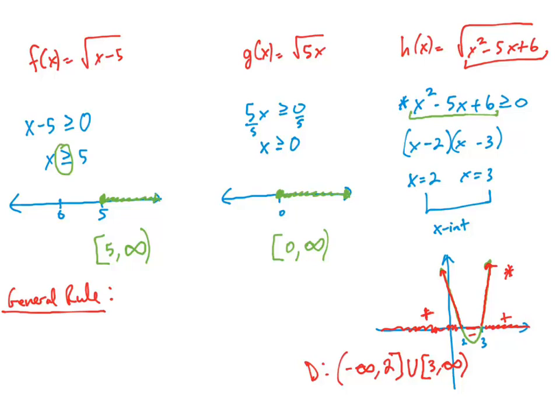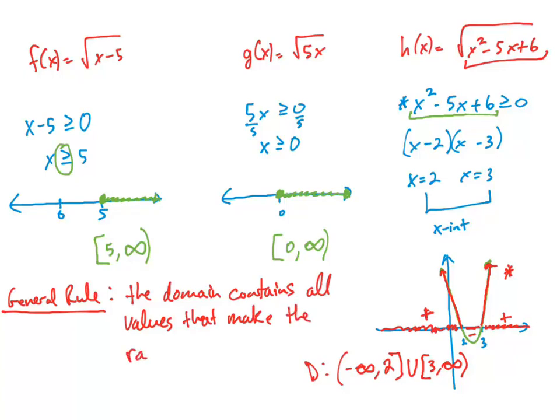So as a general rule for finding the domain of a radical function, what we would say is the domain contains all values that make the radicand positive or 0.